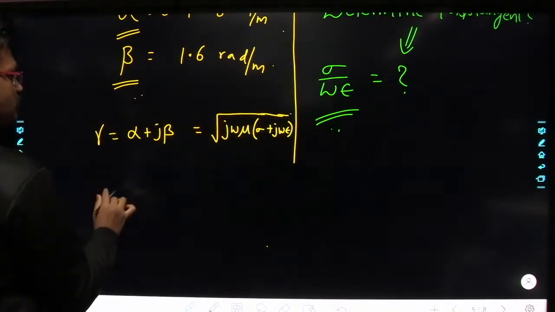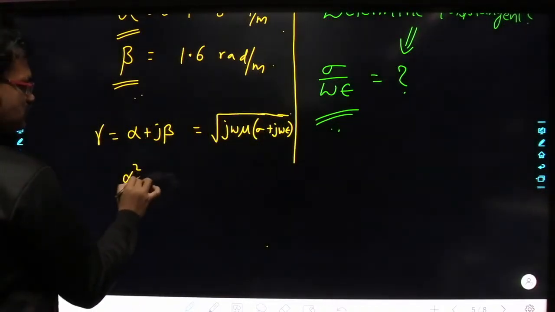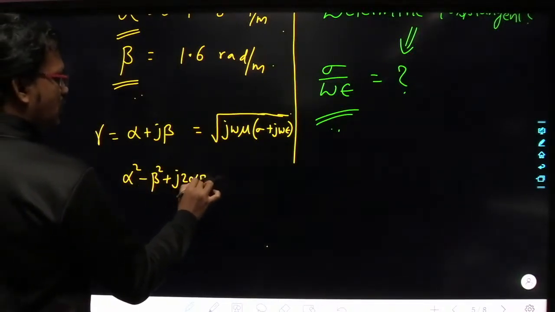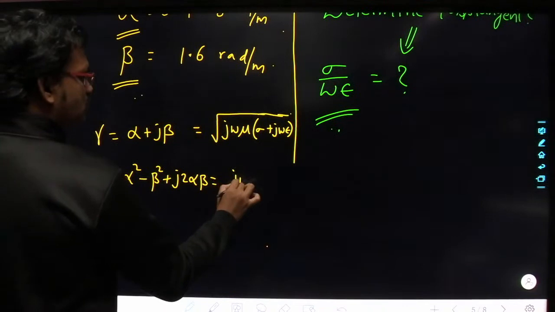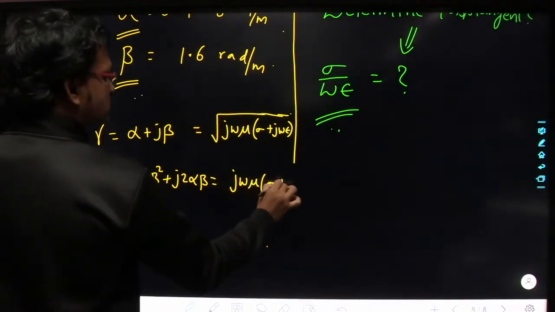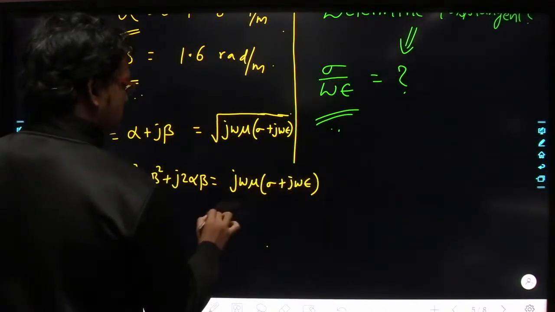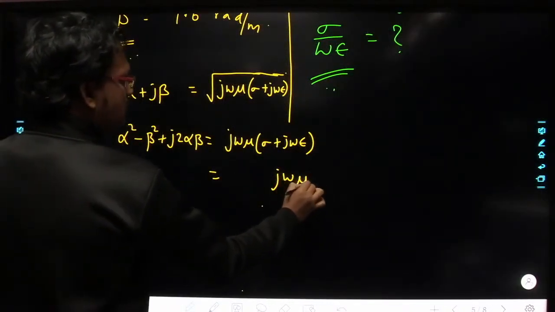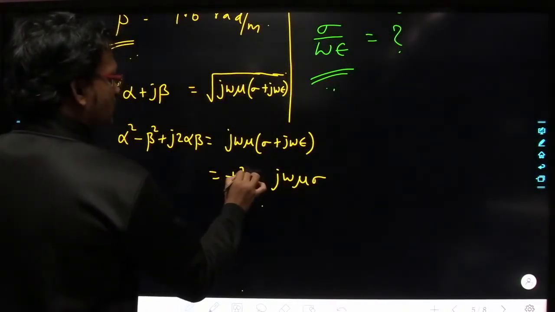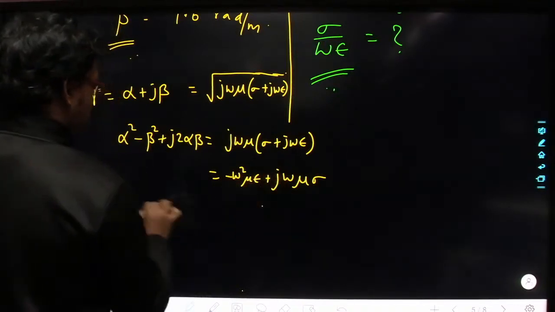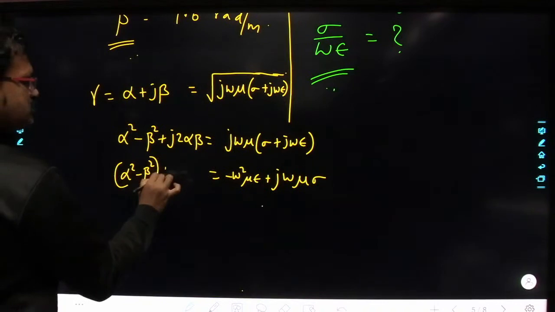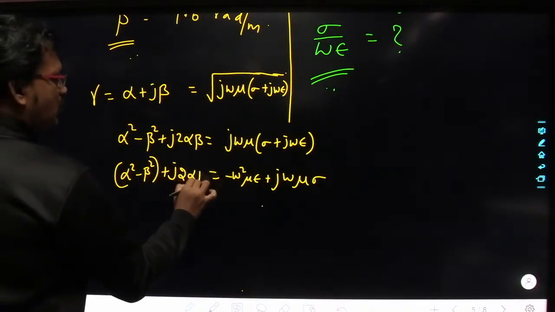So if you square on both sides, you are going to get alpha square minus beta square plus j into 2 alpha beta, which is equal to j omega mu into sigma plus j omega epsilon. So here you get j omega mu sigma minus omega square mu epsilon.